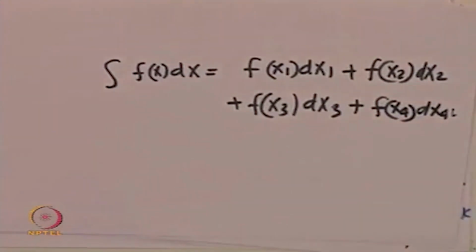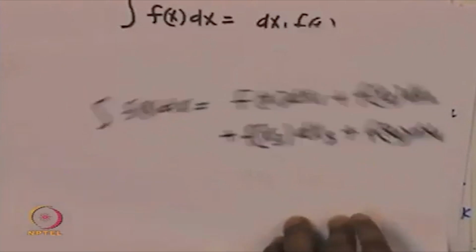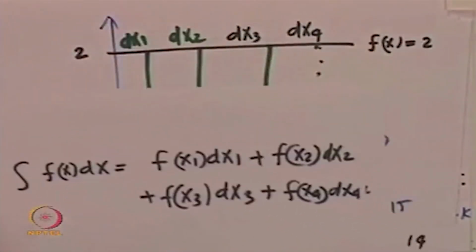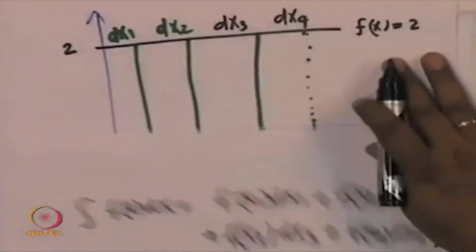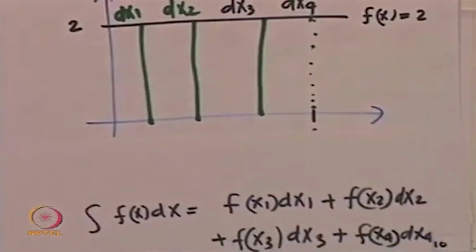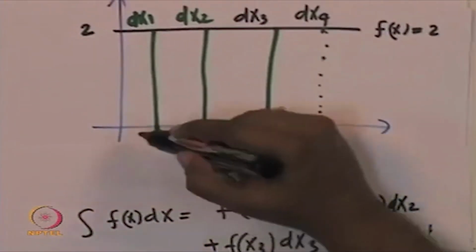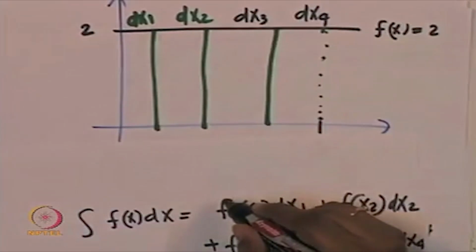What does this f of x1 into dx1 mean? f of x1 is somewhere in the first interval. Somewhere in the first interval, we want to calculate the function value. f of x1 is nothing but 2.